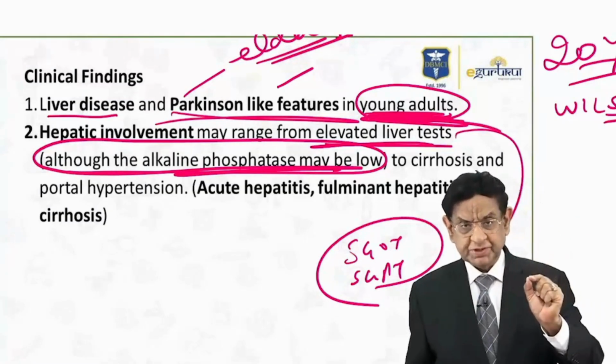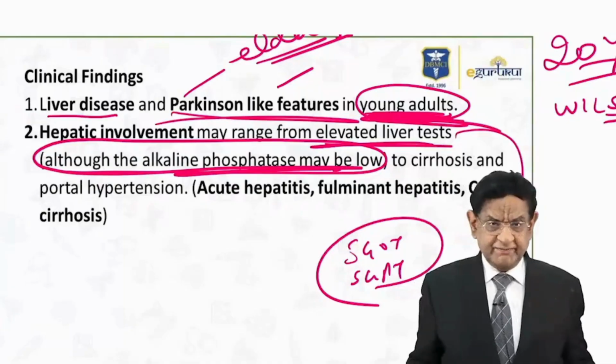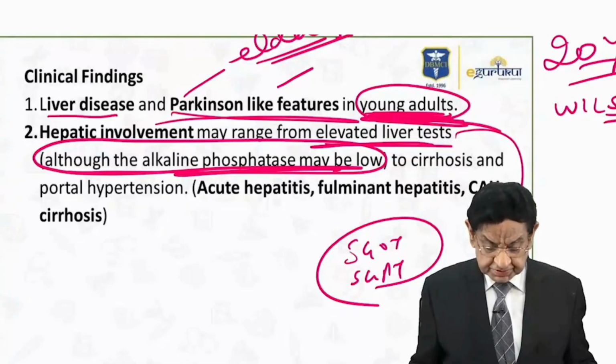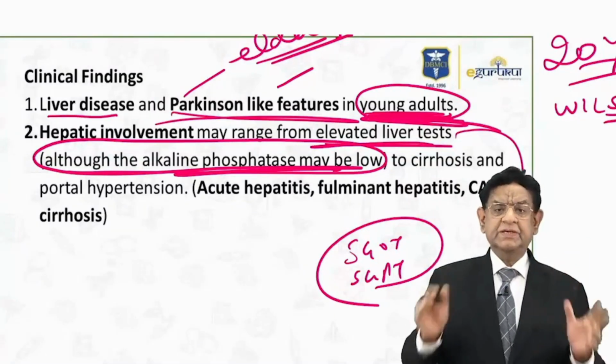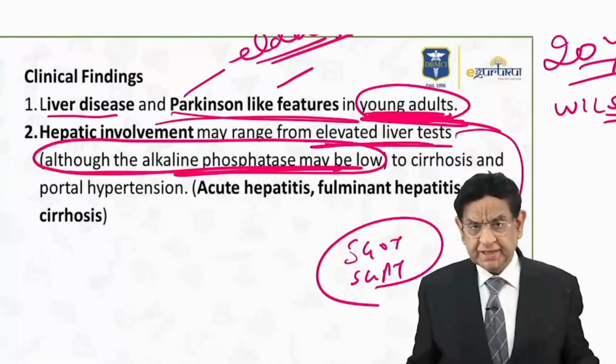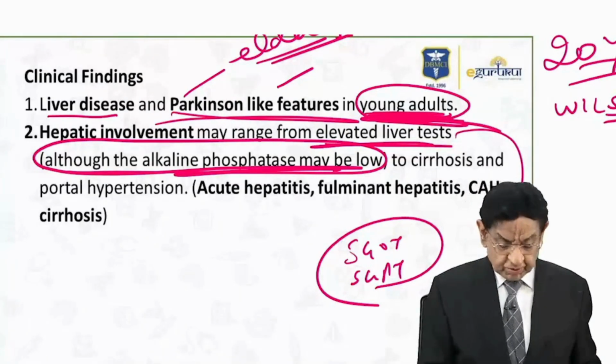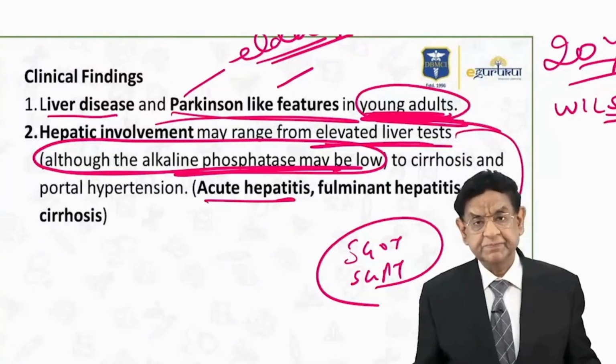Classical exam question. Despite having liver disease, the alkaline phosphatase is reduced. So the hepatic illness may be limited to raised enzymes, or it can go into acute hepatitis.